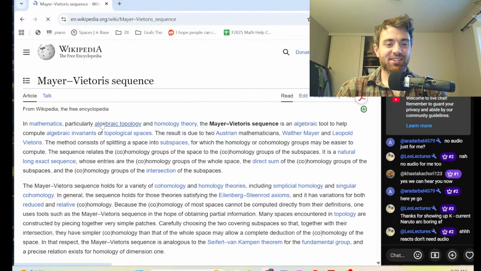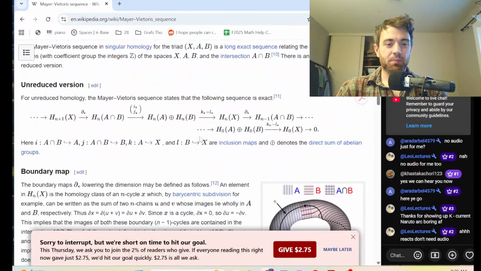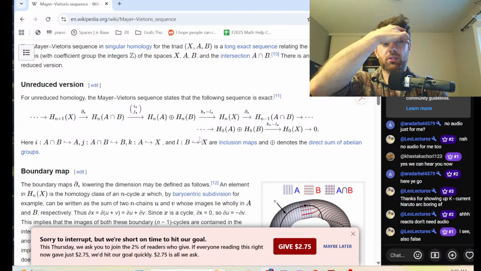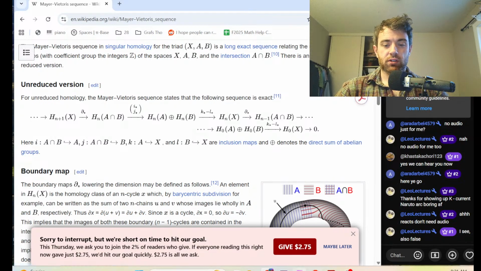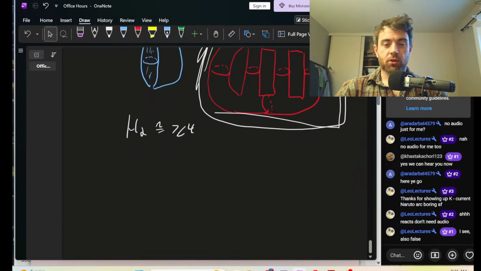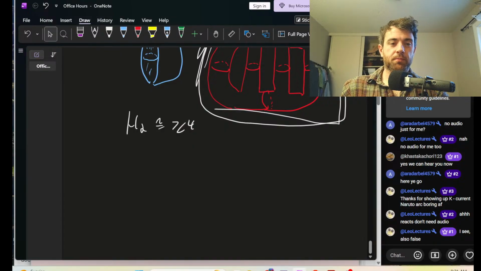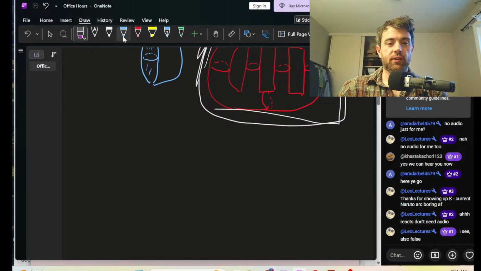Yeah, how does it go? It's the intersection to the sum to X. Right.